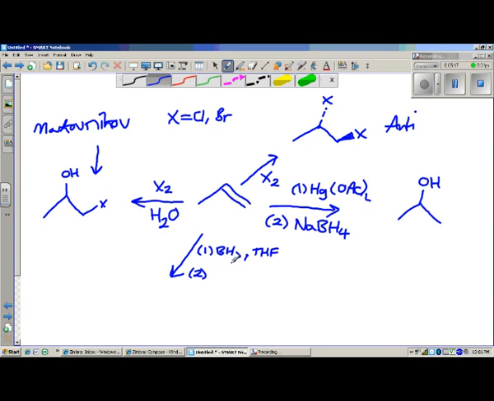That will add across a double bond, and then we will oxidize that boron, usually in a step where the mechanism isn't detailed, and that will be the case here, where we actually get to put the OH on the anti-Markovnikov carbon, so the carbon that's least substituted. Usually the OH goes on the carbon that's most substituted.